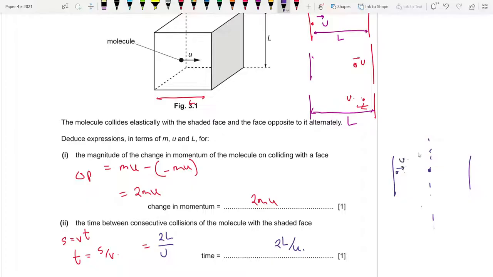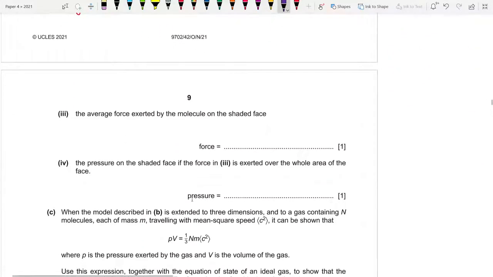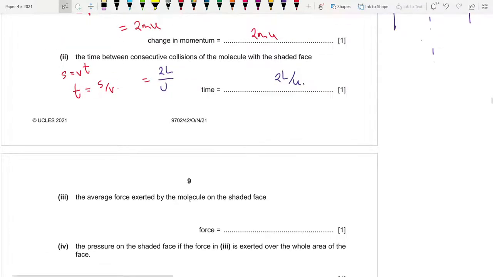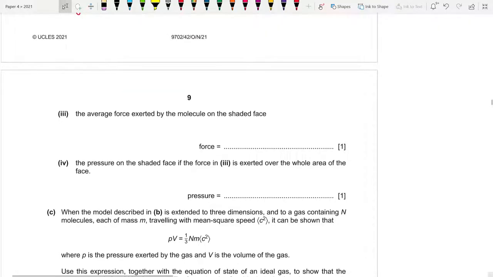Okay, moving on. The average force exerted by the molecule on the shaded face. For the next part, we know that the average force is equal to the rate of change of momentum, change in momentum by time.